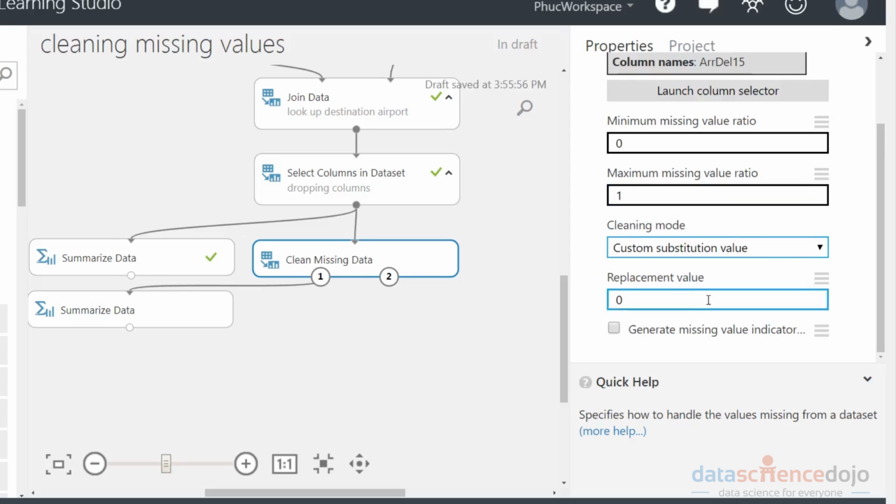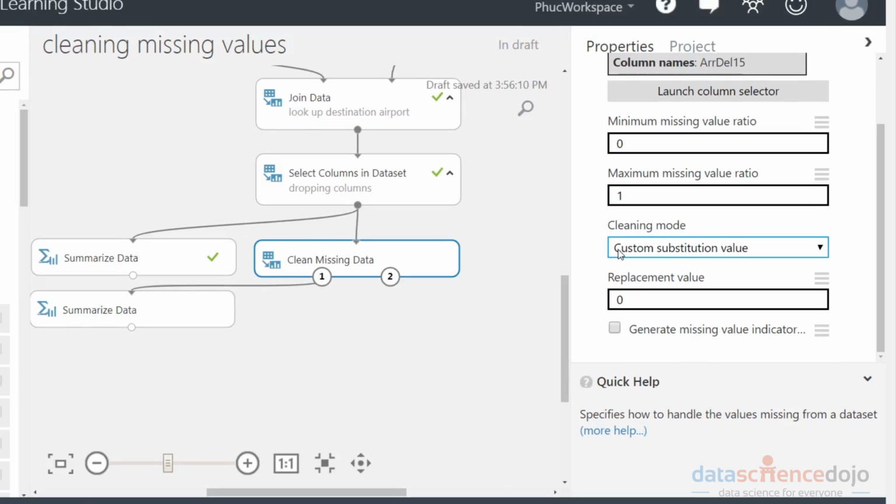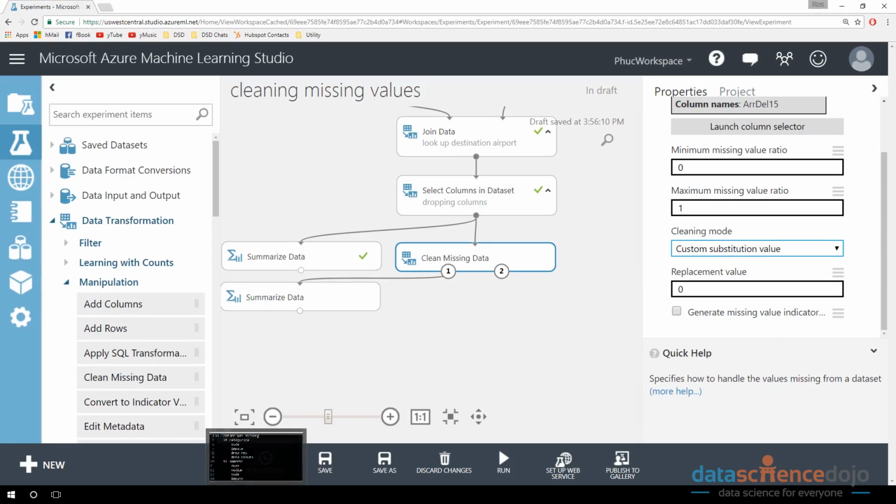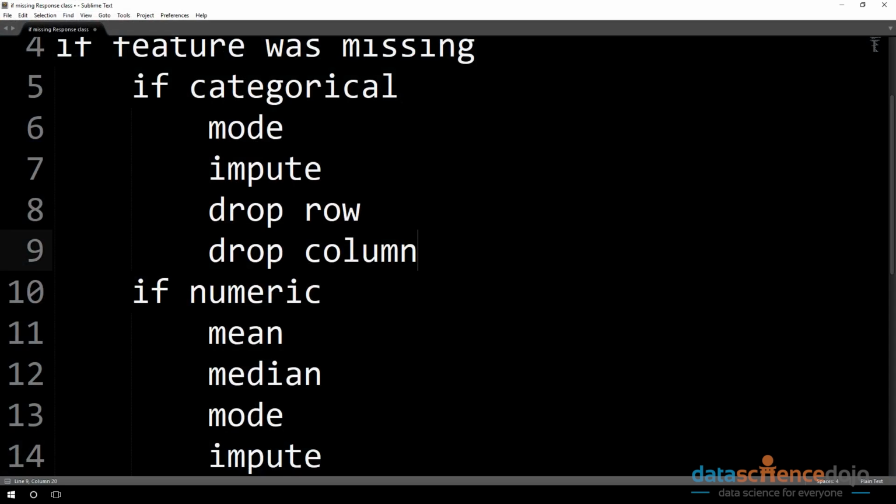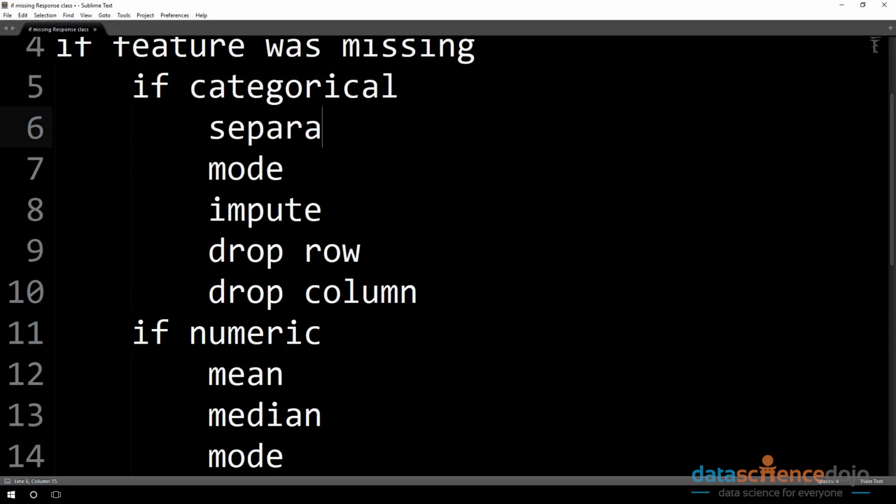You can also do a custom substitution. Custom substitution is very cool in case you want to replace things with whatever you think it should be, like for example 0 or something. It's also good for categories. If you have a situation where a category is missing, you can use custom substitution to create a separate categorical value.